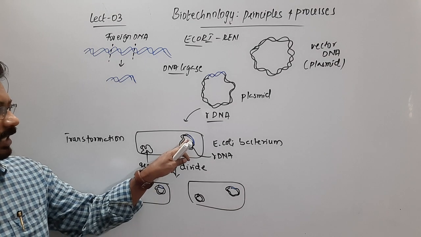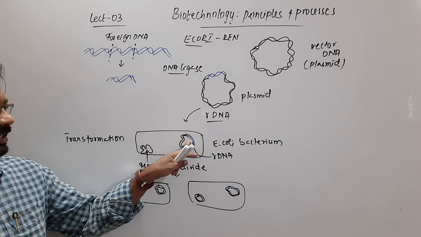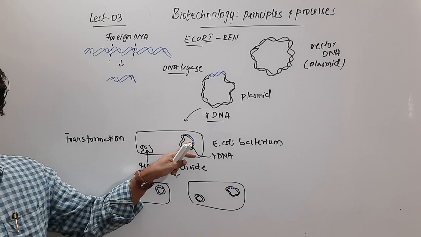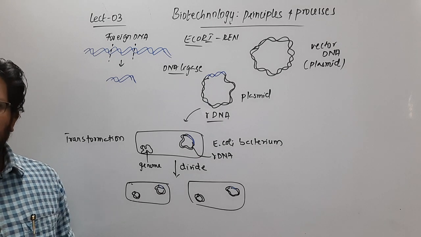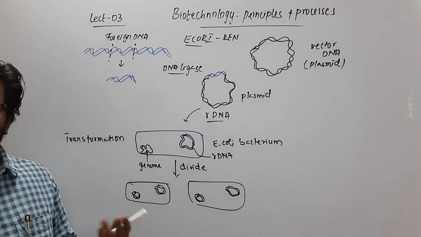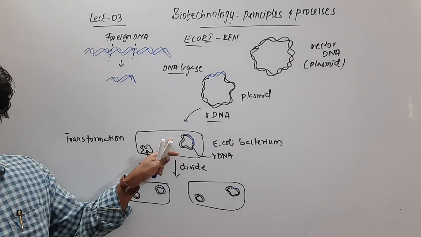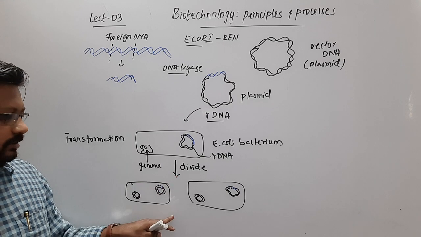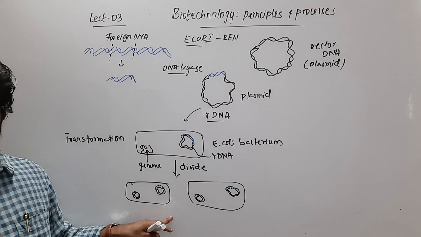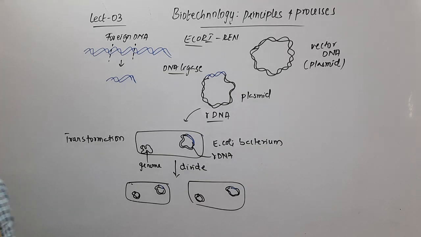Suppose this gene of interest which I have introduced into this bacterium is producing a particular hormone, say a growth hormone, and I want that hormone in large quantities. So I will allow this E. coli bacterium to multiply in large number. How we will do it, all that we will see in coming sessions.